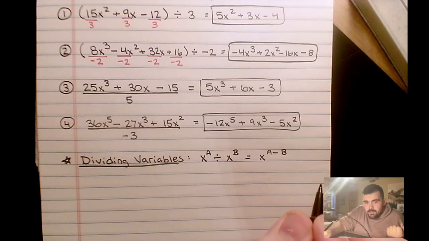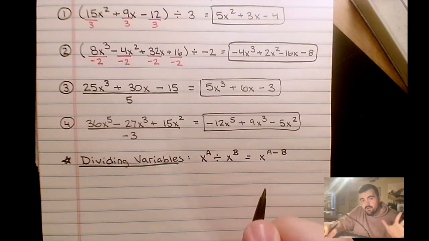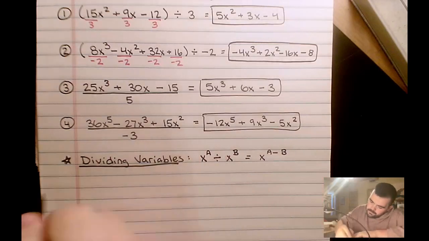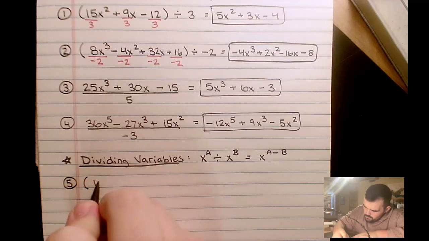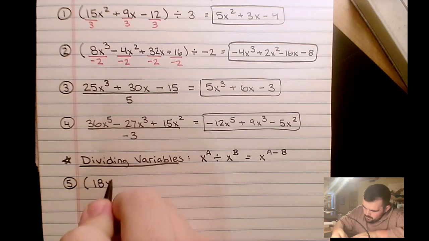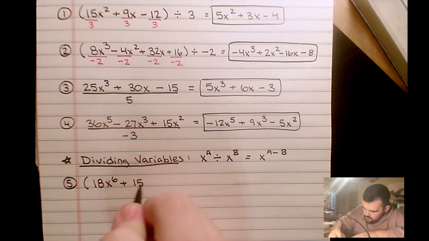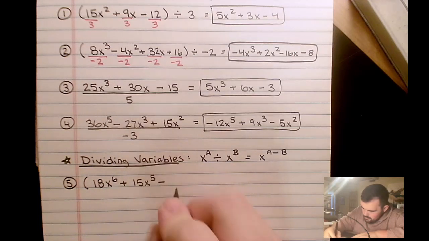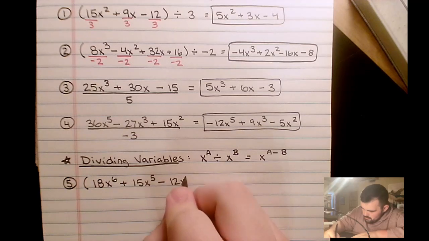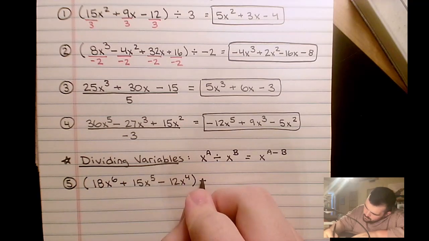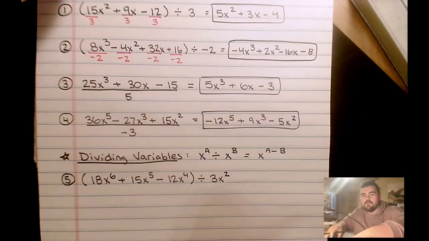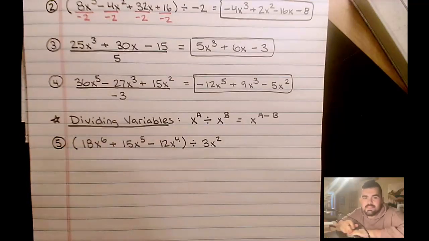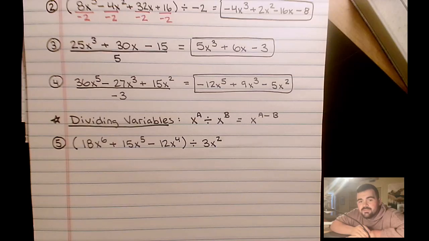So let's try a couple examples where now we're dividing by both a number and a variable. Okay, 18x to the 6th plus 15x to the 5th minus 12x to the 4th, all divided by 3x squared.